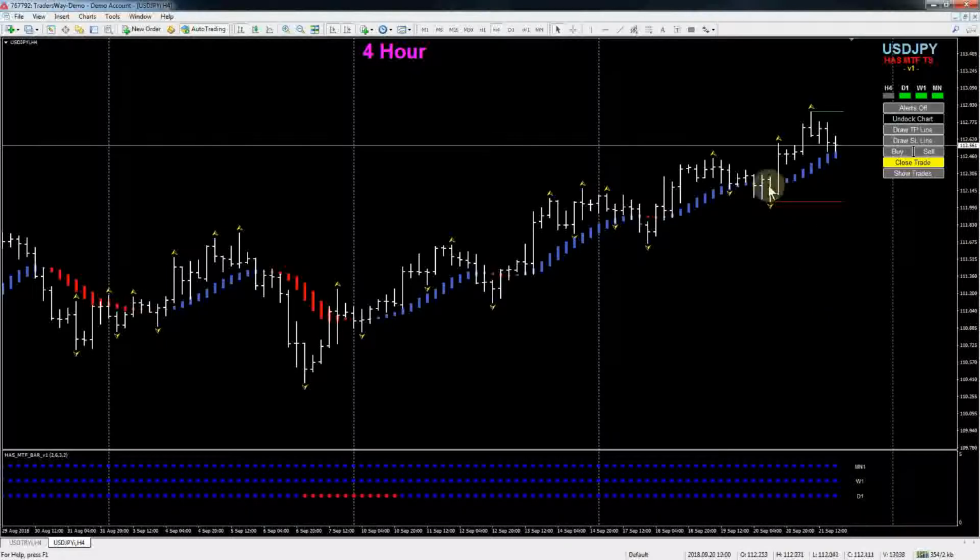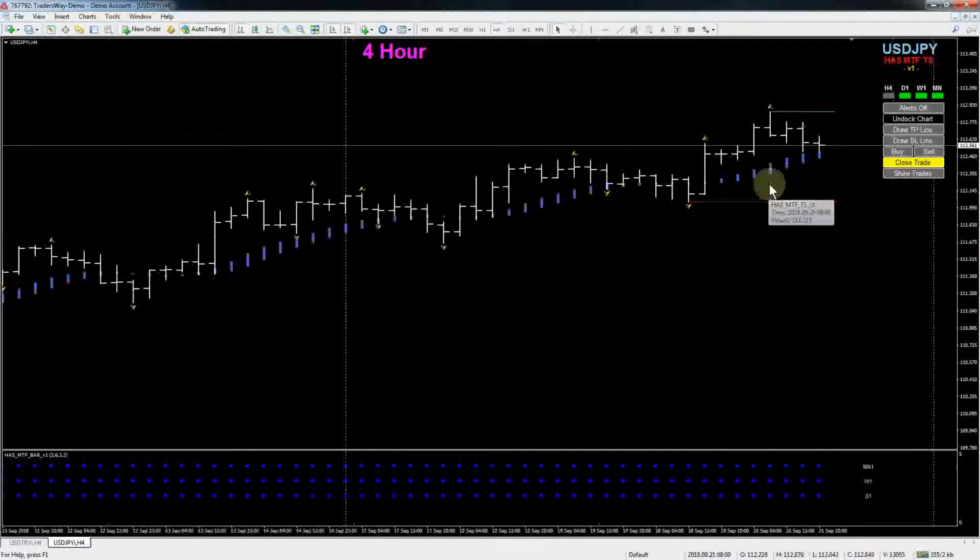I don't know if you can see it or not, but there's a red dot right here. So in this case, it would have been a short signal here, on this particular candle, but because these are all blue, it would not take a short, even if it broke through the line, which it didn't anyway.